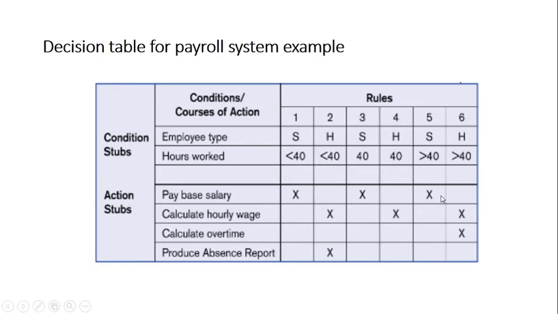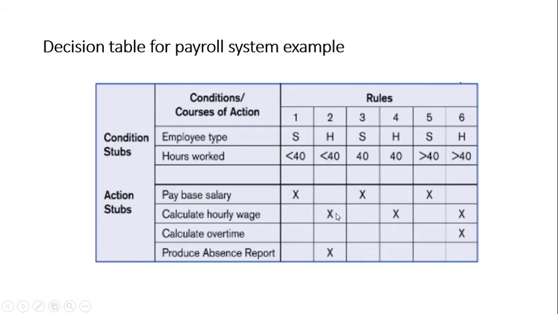That's it. But if the person works on hourly basis, right? H, 3 conditions are there. If the person is working for less than 40 hours, equal to 40 hours, or greater than 40 hours. So what will be the outcome? If a person is working for less than 40, what was the outcome there?